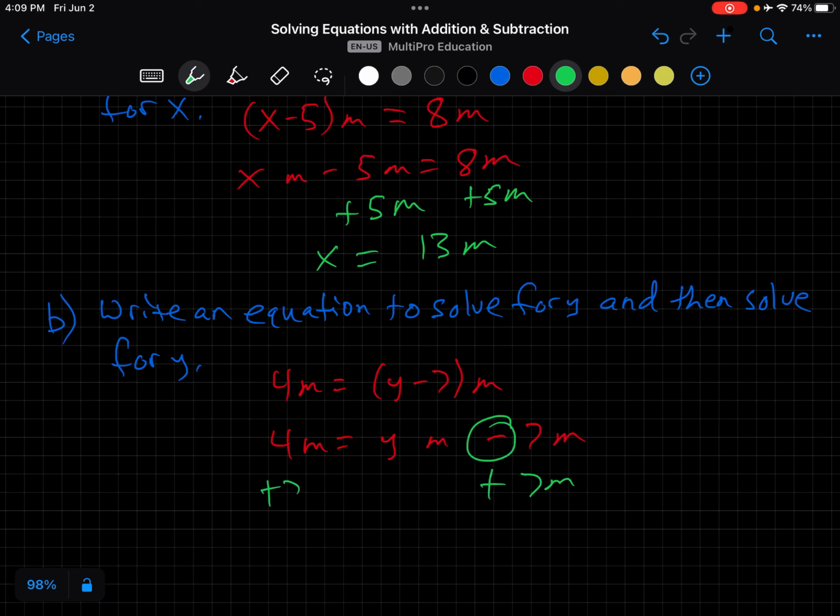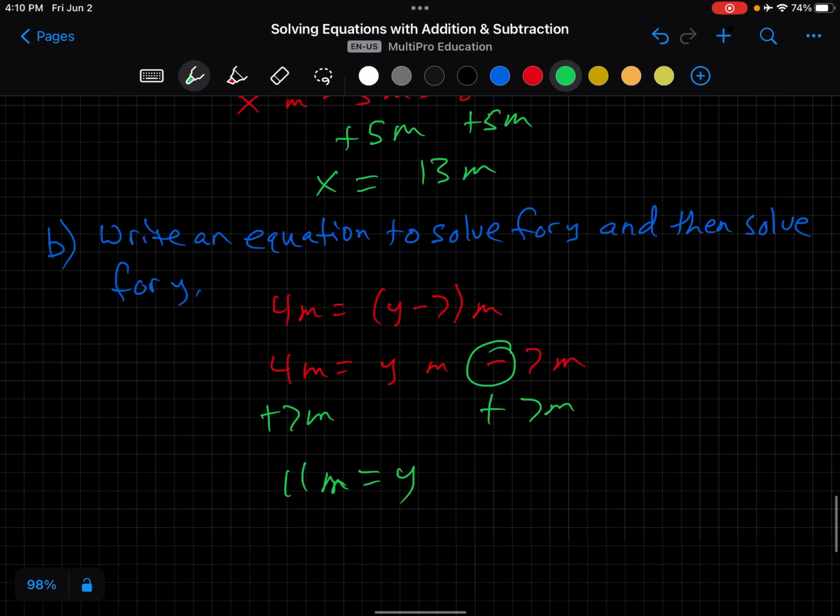So since this is a minus, let's add 7 meters to each side. And we have 11 meters is equal to y. Alright, so we found out that x is 13 meters and y is 11 meters.